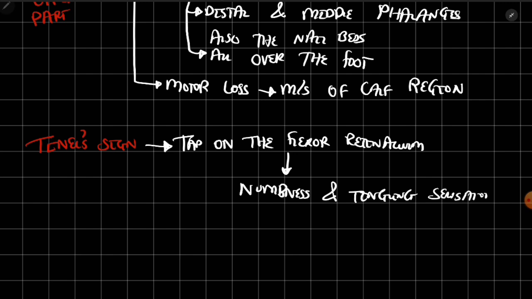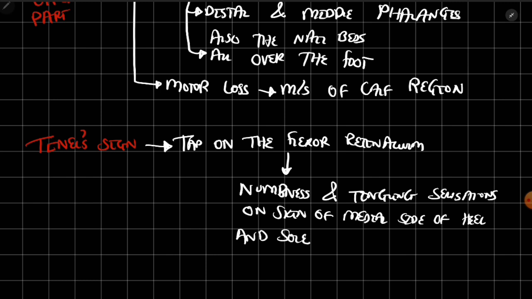When we tap on the flexor retinaculum, we get numbness and tingling sensations on the skin of the medial side of the heel, or the medial side of the leg, and also the sole.